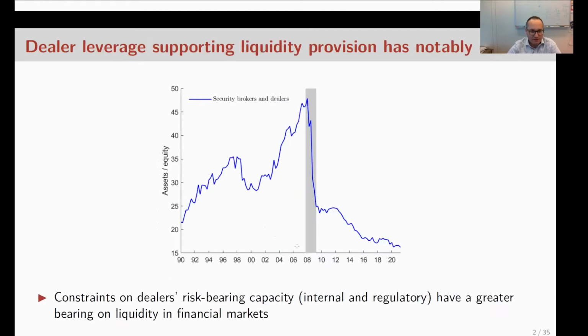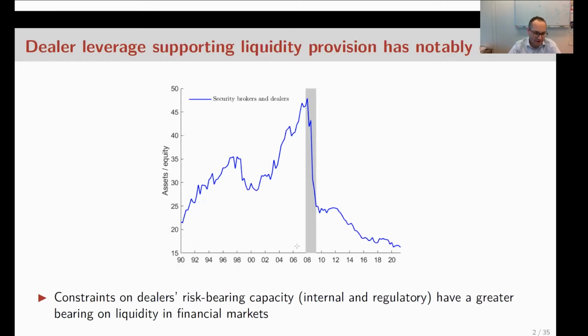If we're looking at leverage in the broker-dealer sector, we see also a significant rise in leverage here, expressed as assets over equity, in the run-up to the financial crisis of 08 and 09. So the key point here is that leverage is heavily supporting the growth of the broker-dealer sector in the run-up to the GFC.